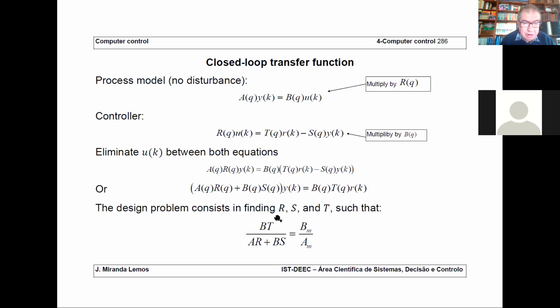So the transfer function between the reference and y is nothing more than bt divided by ar plus bs. Is it clear that this is a transfer function? And now you want to impose that this closed loop transfer function is bm divided by am. So you get an equation, and you are looking for values for r, s, and t that satisfy this equation. Could you understand this? If you don't understand, just tell me.